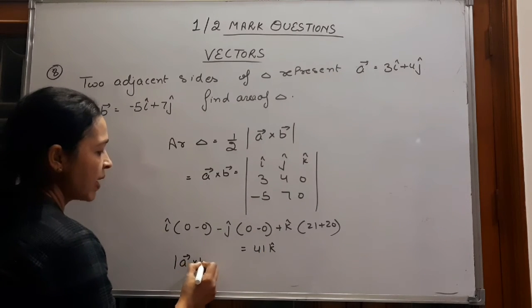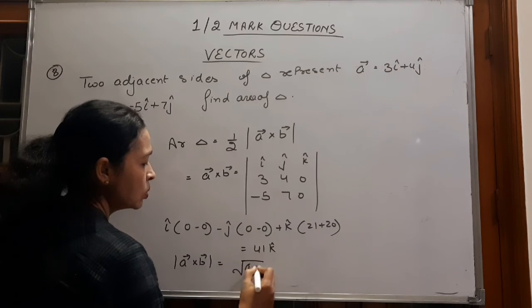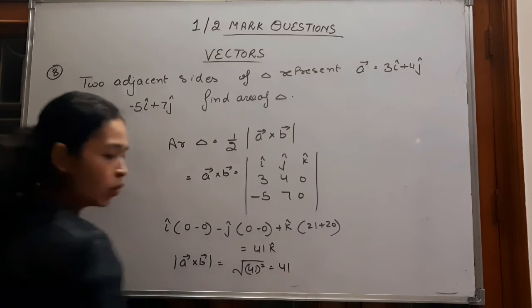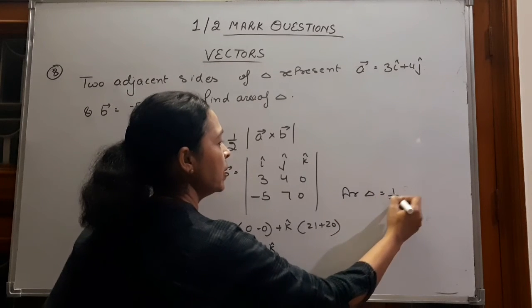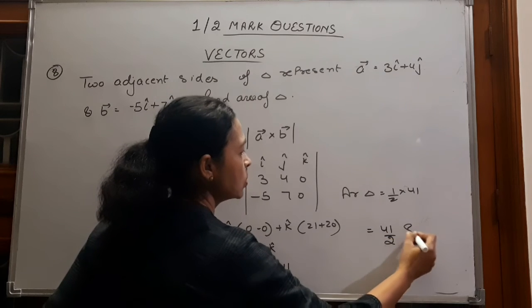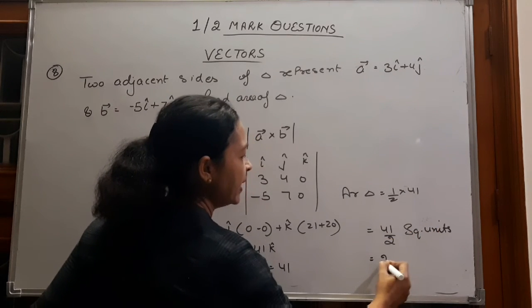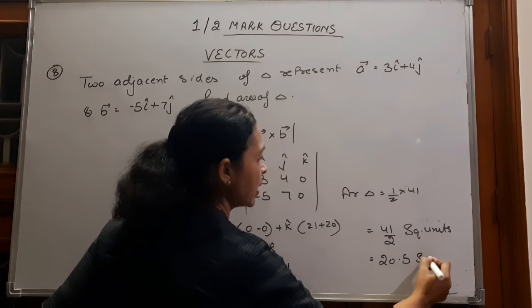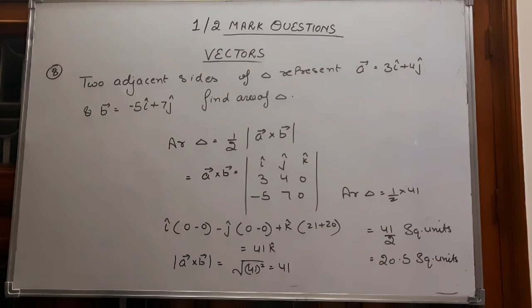Now the magnitude of vector A cross vector B is root of 41 whole square, which equals 41. Now area of triangle is 1 by 2 into 41, that is 41 by 2 square units, or we can write 20.5 square units is the area of triangle.